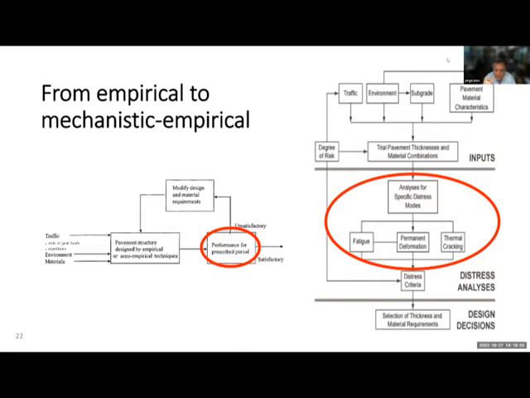Because for the empirical approach, the analysis of the pavement performance was based on observation of similar pavements in similar conditions, while for the mechanistic-empirical approach, the analysis was based on calculation of stress and strain in the pavement. And with this stress and strain, we define fatigue, permanent deformation, and other distress resistance.